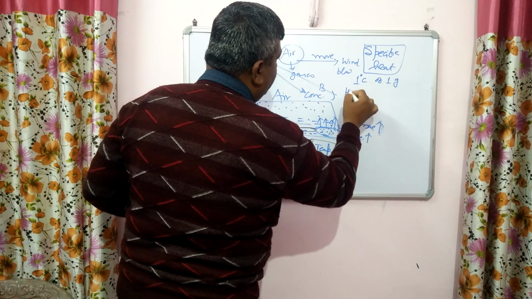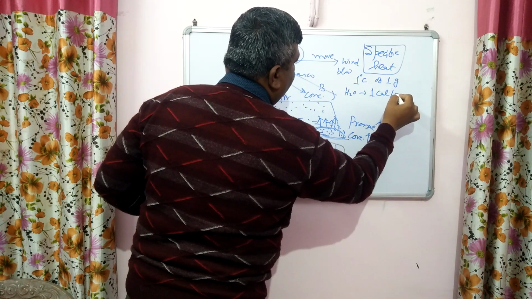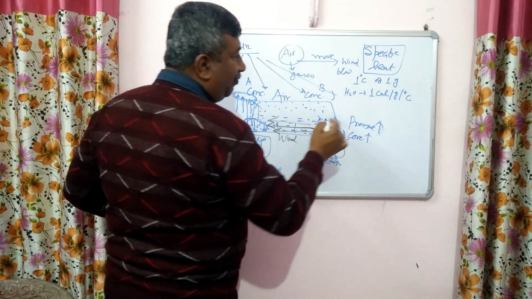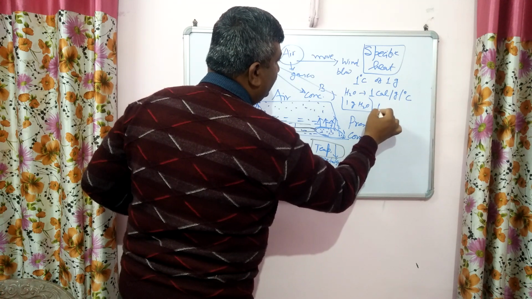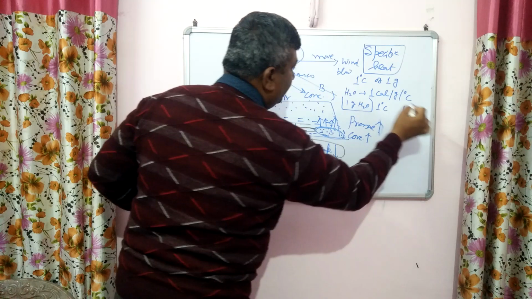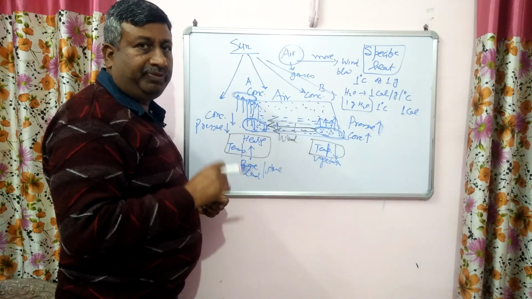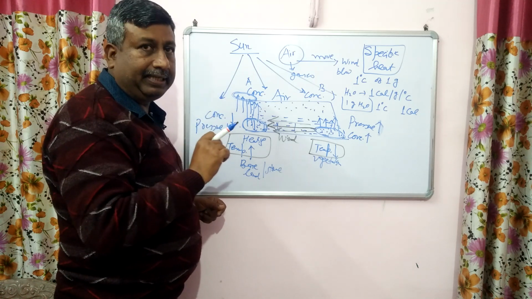For water, specific heat is 1 calorie per gram per degree centigrade. It means if we have 1 gram of water and we want to increase its temperature by 1 degree centigrade, then 1 calorie of heat is required. So by 1 calorie of heat, we can increase the temperature of 1 gram of water by 1 degree centigrade.